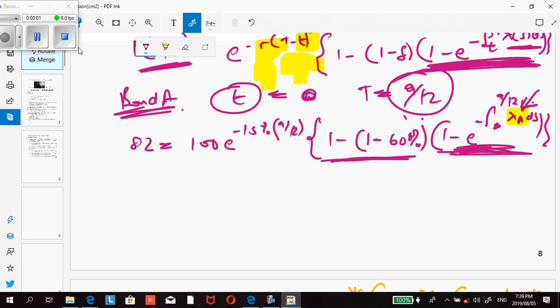Please, here you cannot simplify this equation by saying 1 minus 1 gives 0, then distribute this 1 into this plus to get plus 60% multiplied by this. You may not do that, because this is similar to saying 1 minus 2x.